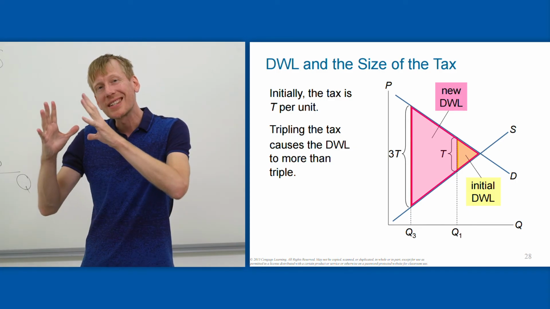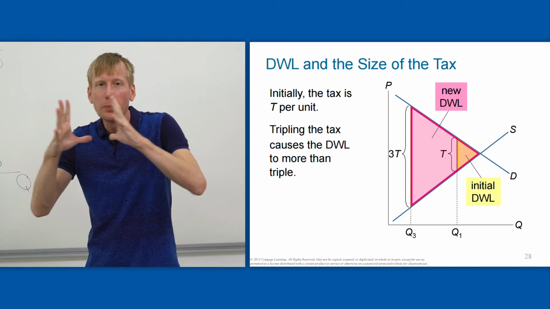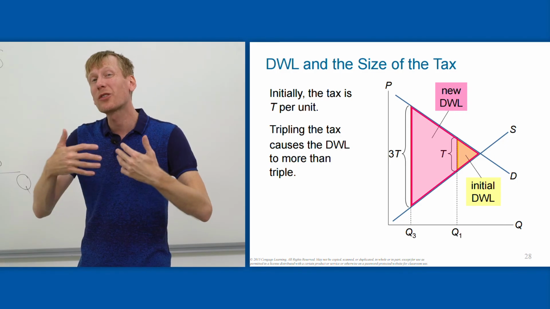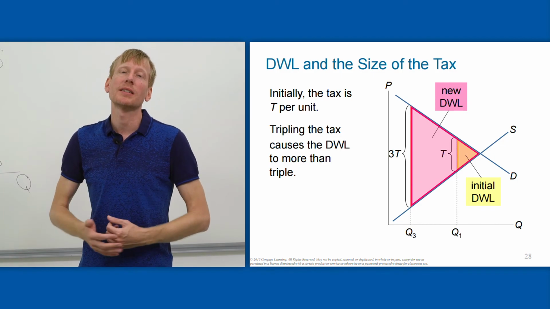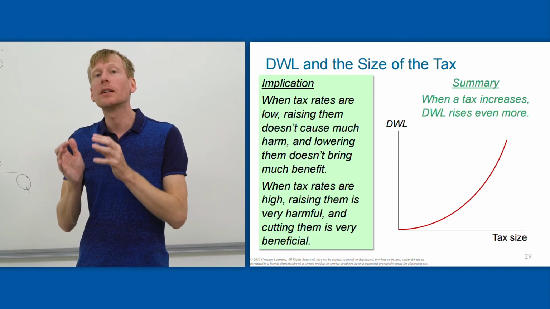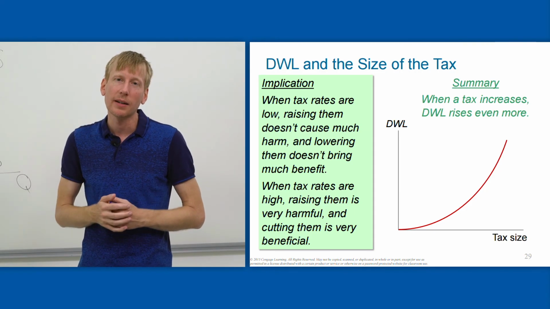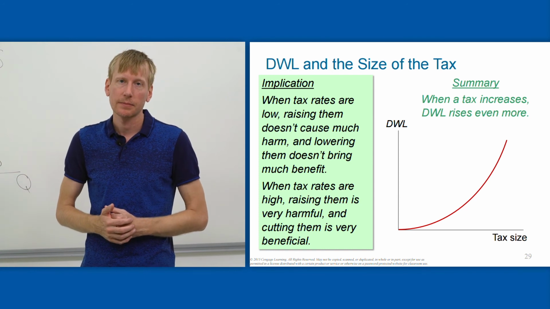And now we increase the size of that deadweight loss triangle with a larger tax. It's a new bigger pink triangle that you can see, which is more than triple what the original deadweight loss was as we triple the size of the tax. Now, deadweight loss, as we increase the size of a specific excise tax in a specific market, increases exponentially with the size of the tax.